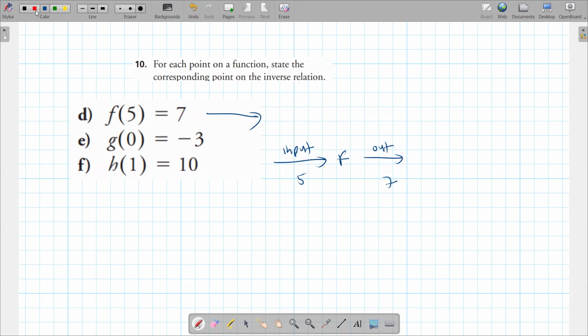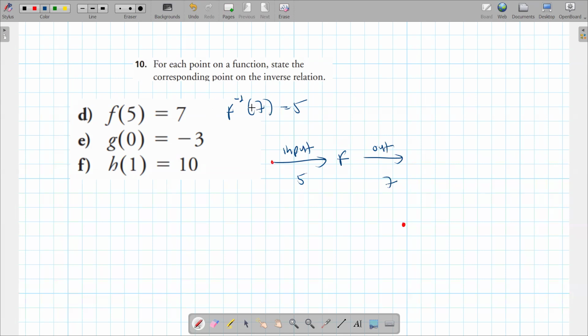That means instead of starting here and ending there, we have to start there and end here. It's a little bit tricky if you don't know. So I'll do the first one. It's going to make so much sense if I just give you the answer to the first one. So the inverse of f of 5 equals 7 is f inverse of 7 is 5. That's it.